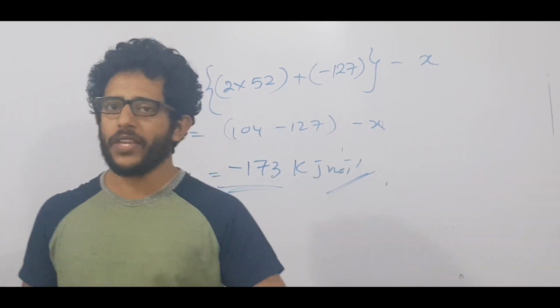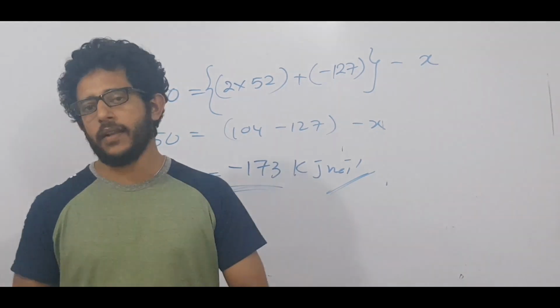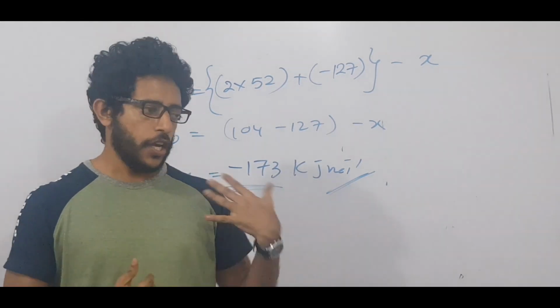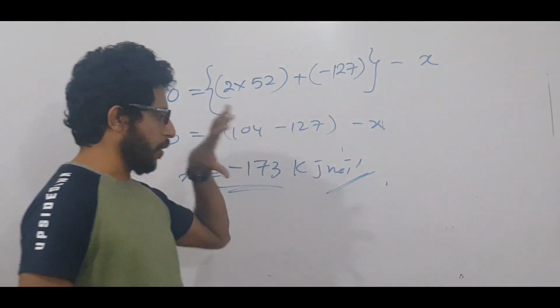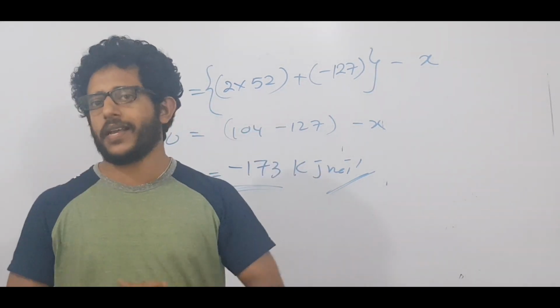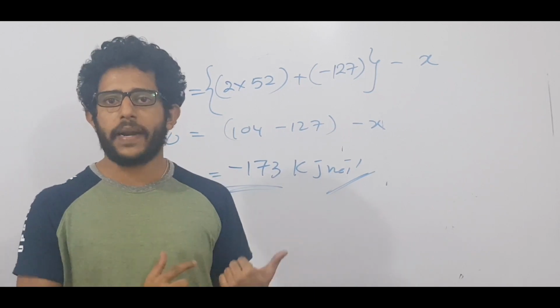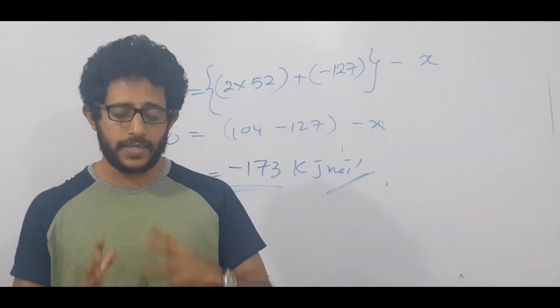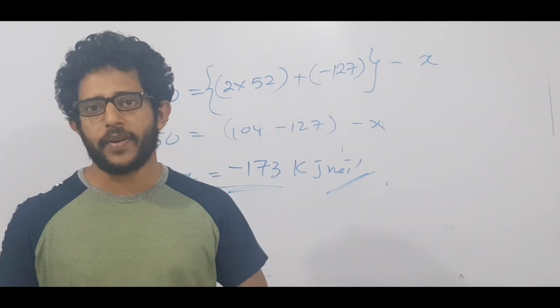So that's how we use the formation enthalpy data to construct the Hess cycle and how we can calculate using the equation. But remember, this equation and the way we construct the Hess cycle always depend on the data you are given. In this particular case, we discussed how we can construct the Hess cycle if the formation enthalpy data is given.